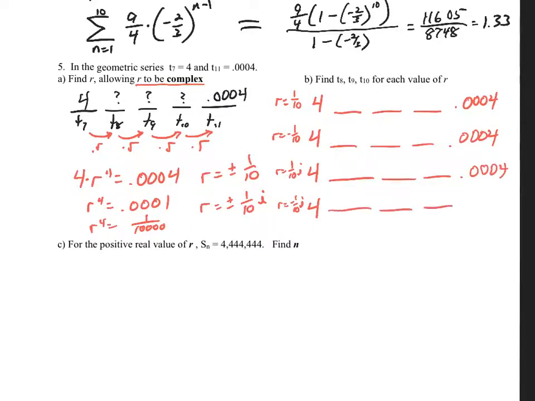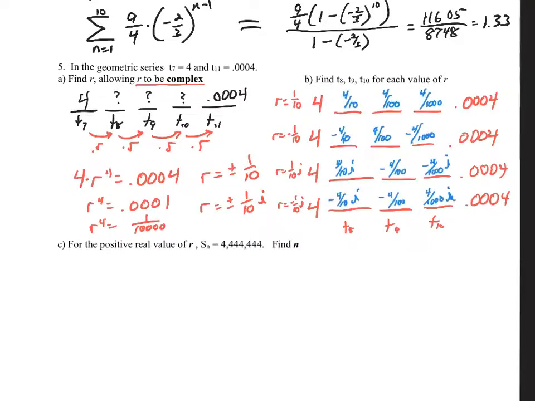Those lines represent T8, T9, and T10. So this would be T8, T9, and T10. So take a moment. You could use your calculator and multiply these out and get those values, and I'll pop them in while you do it on your own.